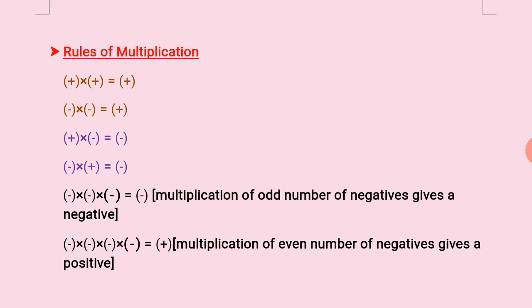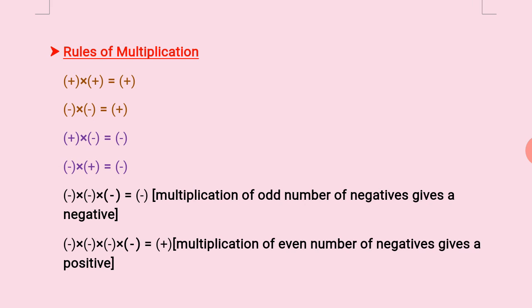Other way, if two numbers are there, one is negative and one is positive, your answer is always negative. Then the fifth statement here, minus into minus into minus. How many minus we are considering? 3. The final answer will be minus.